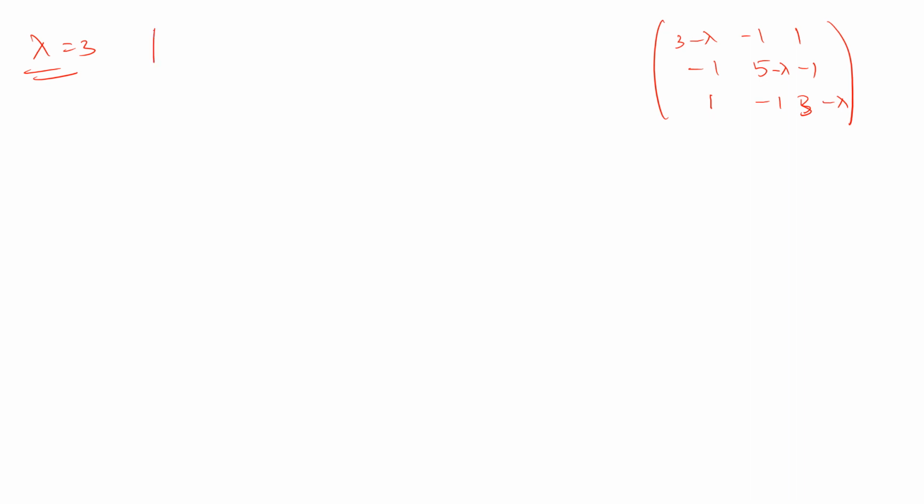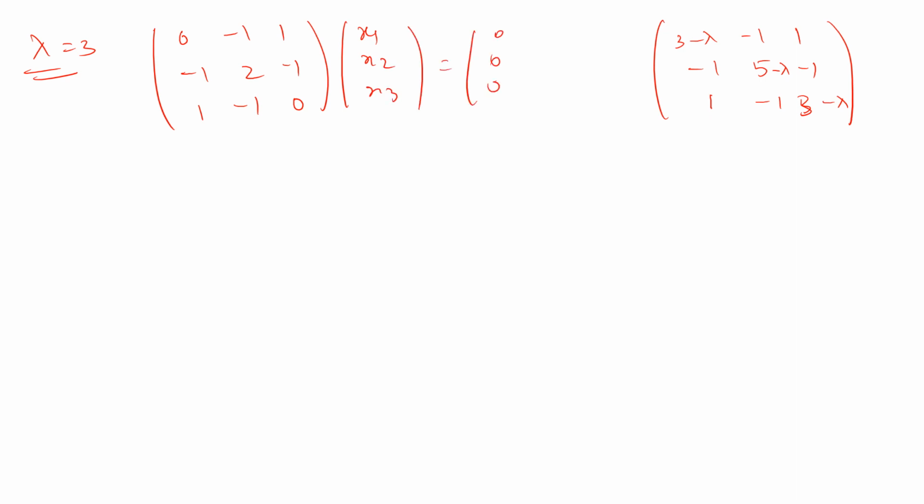So when lambda equal to 3, this becomes [0 -1 1; -1 2 -1; 1 -1 0] into x1 x2 x3 equal to 0 0 0. Here all three rows are different, so you can take any two rows. Instead of evaluating the equations, you can apply the cross ratio technique directly from the rows themselves.